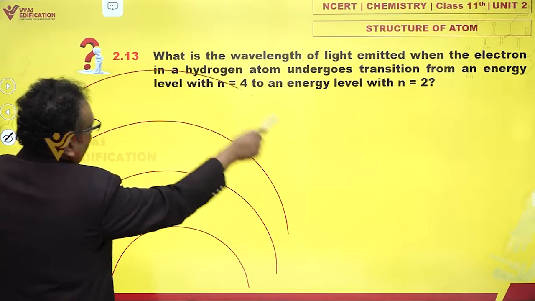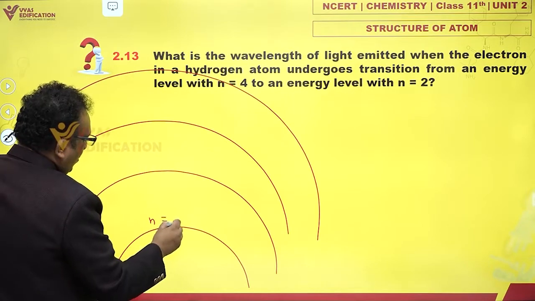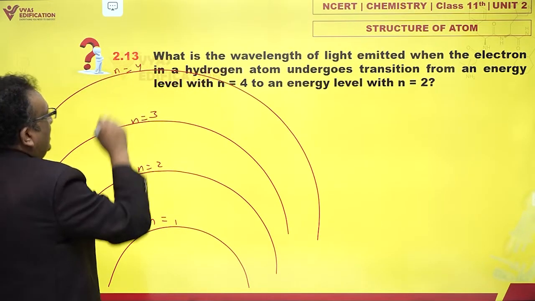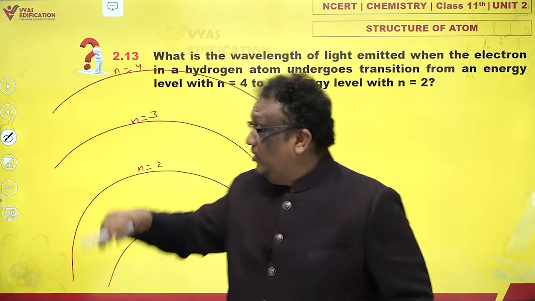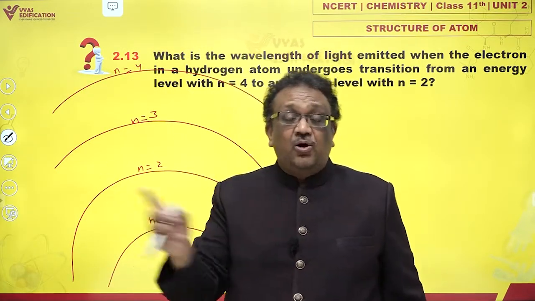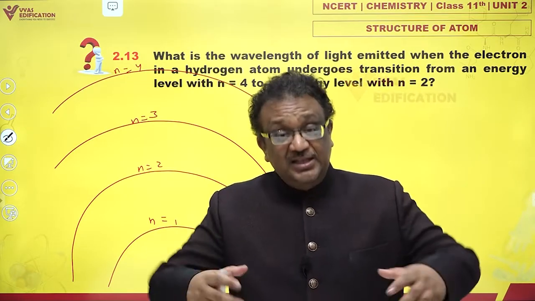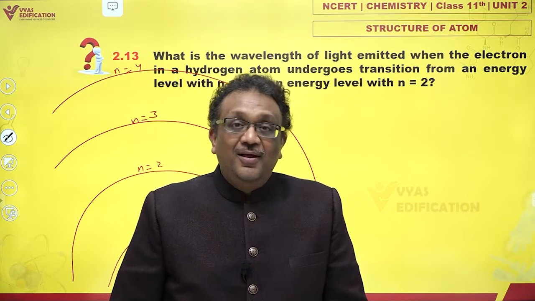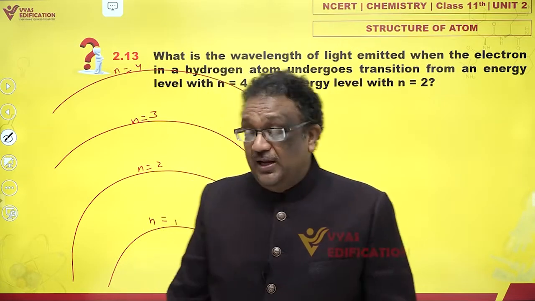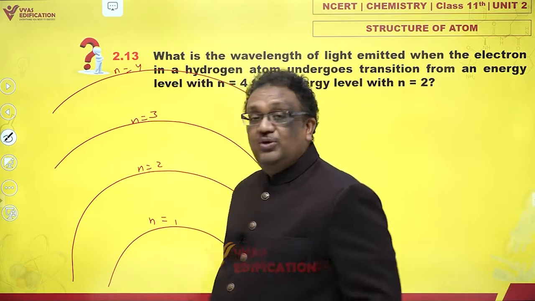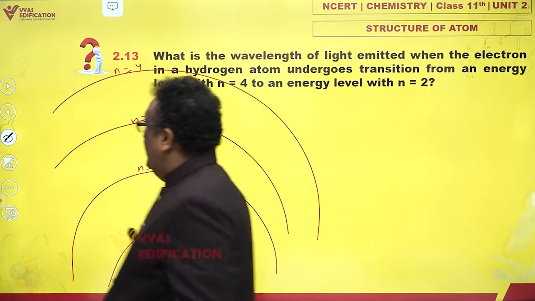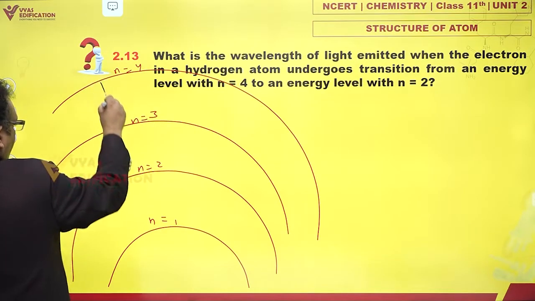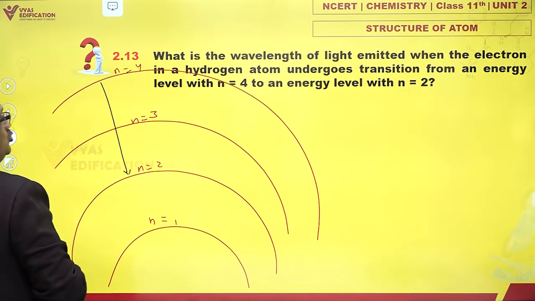Bohr says that there are different levels, n equal to 1, 2, 3 and 4. As long as electrons are revolving in these fixed orbits called stationary orbits, they neither emit nor absorb any energy. They emit or absorb only when they jump from one orbit to the other. In our case, the electrons are jumping from n equal to 4 to n equal to 2.